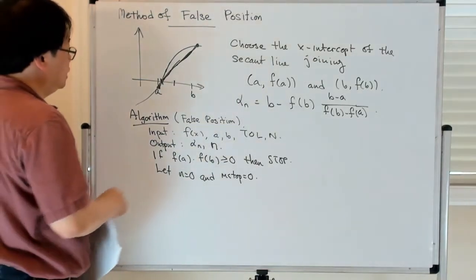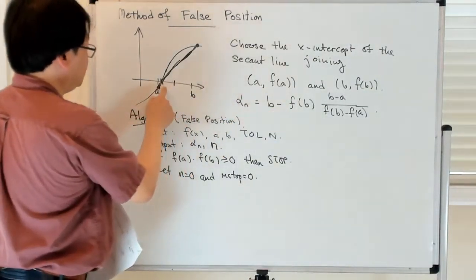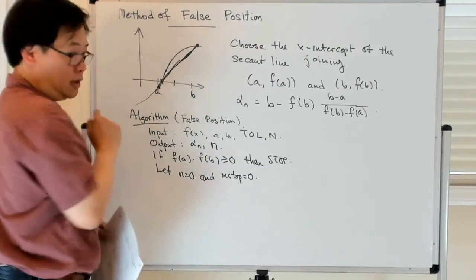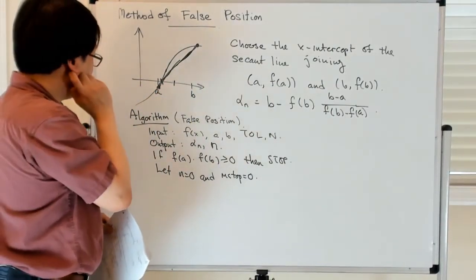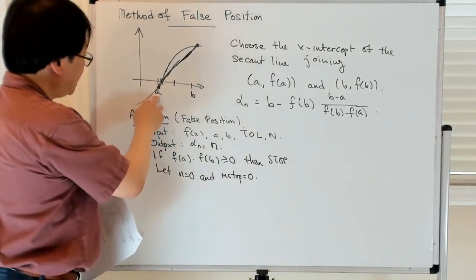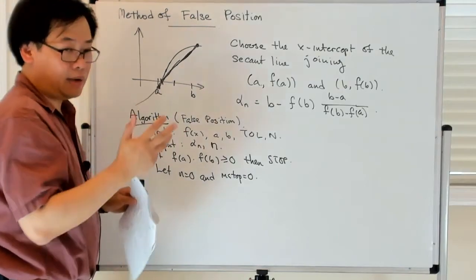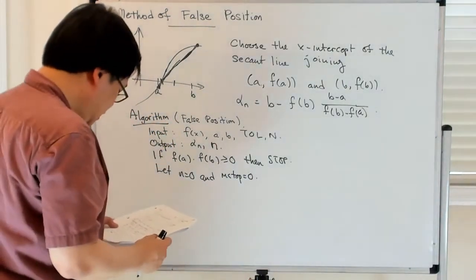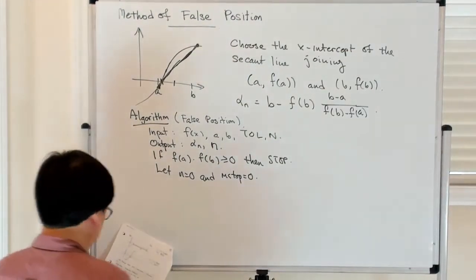Because of this, alpha n is potentially anywhere in the interval from a to b. So the absolute error which is guaranteed is only b minus a, not b minus a over 2. So that changes the stopping criterion a little bit, by a factor of 2.